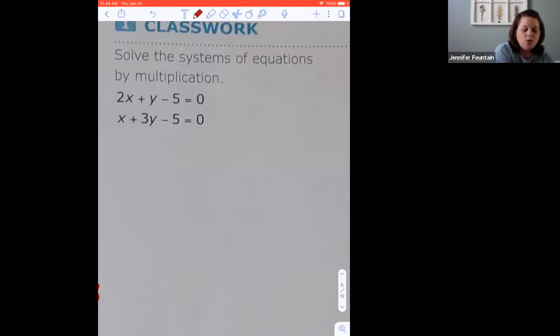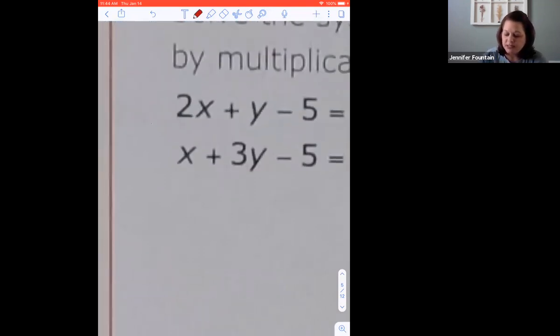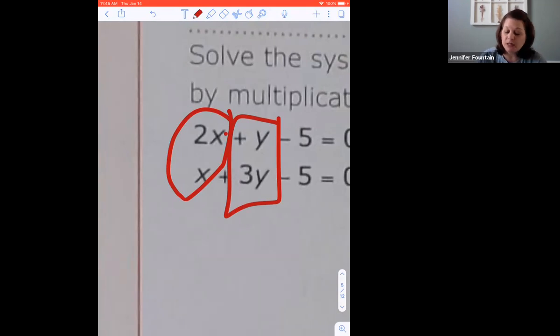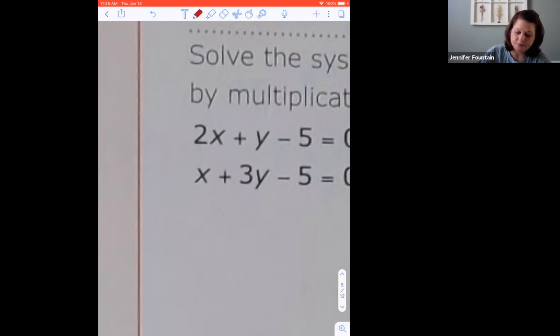All right, so now I need to look to see what could I do to make these opposites, or what could I do to make these opposites? I can choose whichever way I want to go. I'm still going to get the same answer. Typically, I'm going to start with x, just because it's the first one.